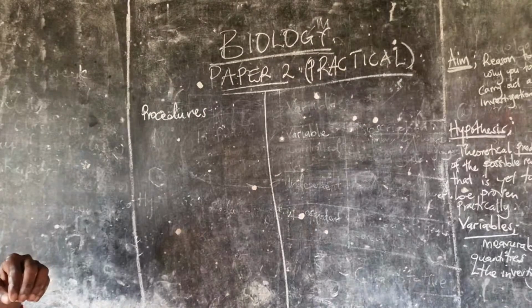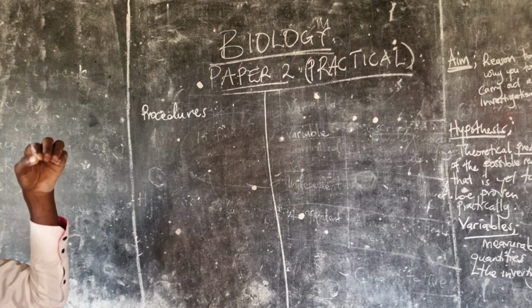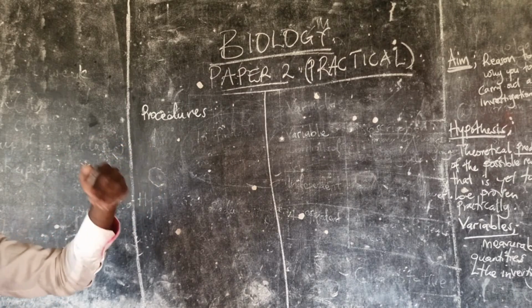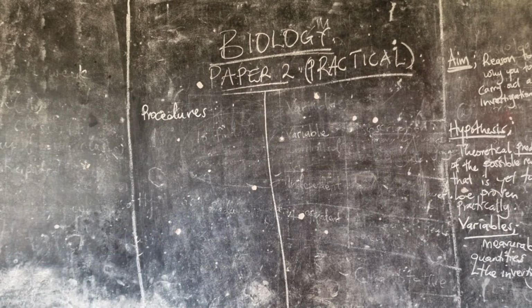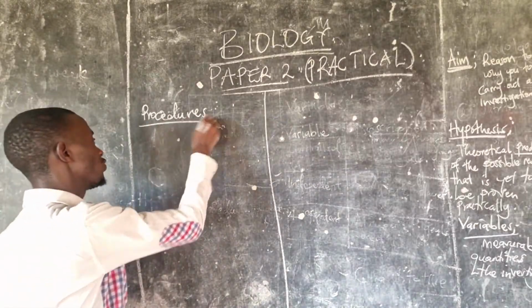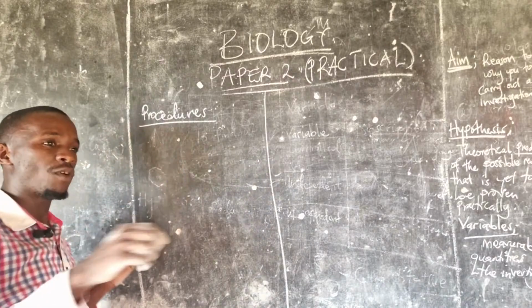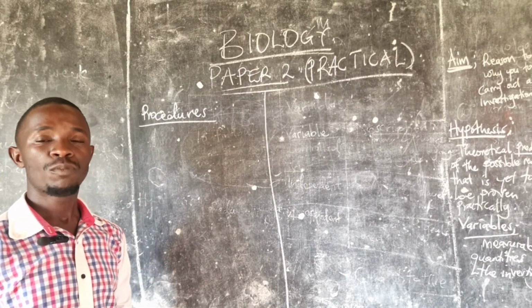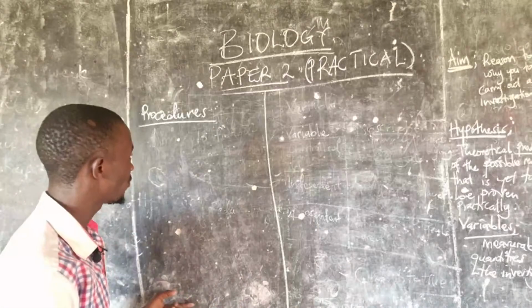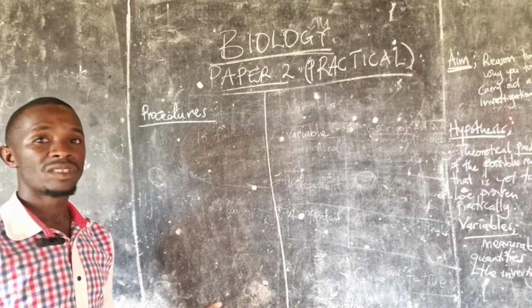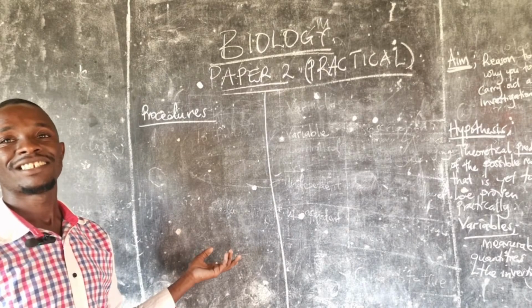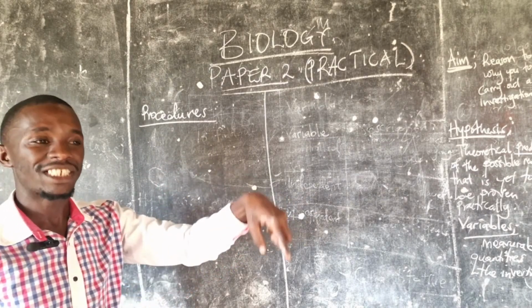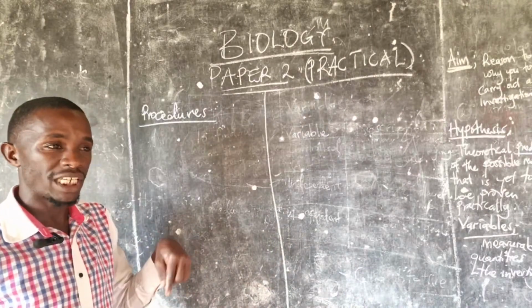The set of steps showing how the requirements were used so as to get results. And these procedures should be presented in a reported format. Not praising oneself that I did this. Not instructing the examiner that he do this, but in a reported format.